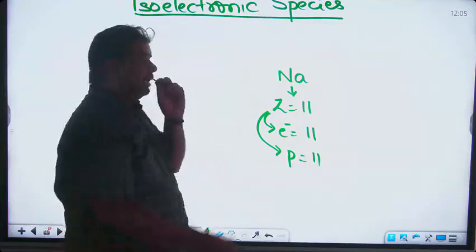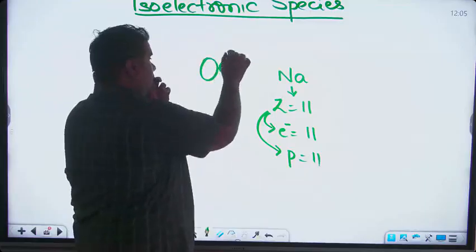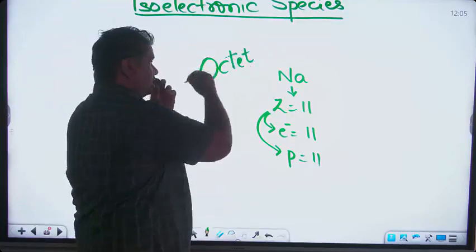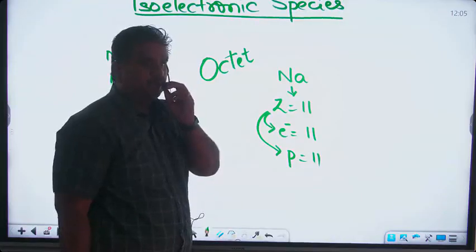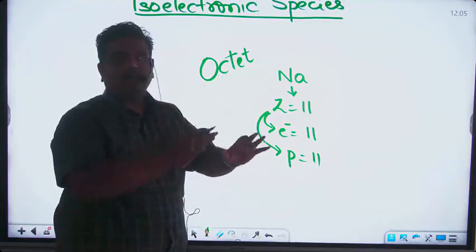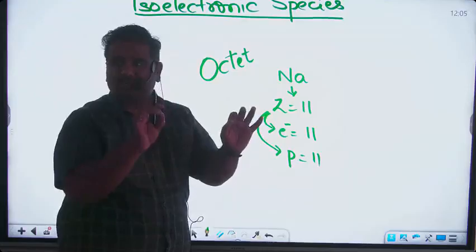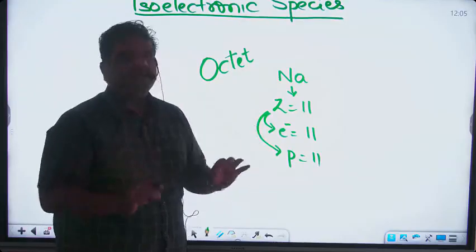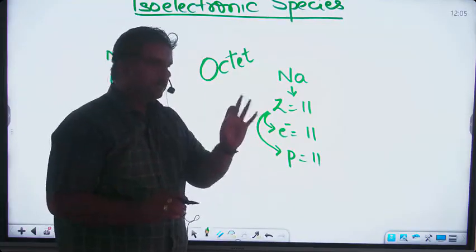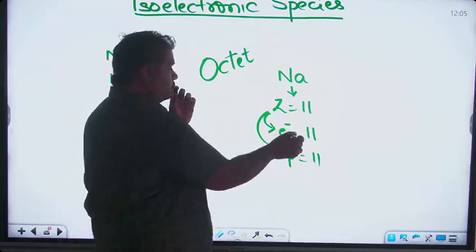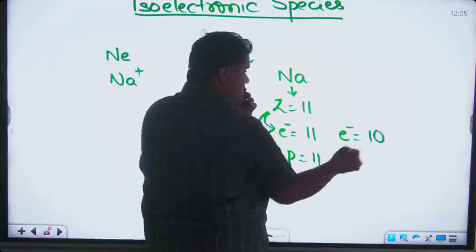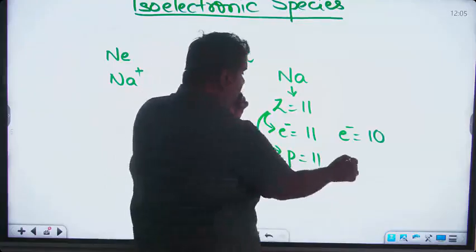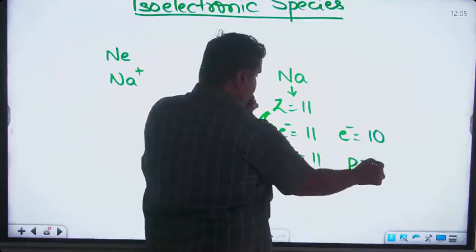That stability we call the octet configuration. In any particular atom, if the last orbit has 8 electrons, that atom is considered to be very, very stable. So sodium loses one electron, and it will have only 10 electrons. At the same time the proton number does not change.